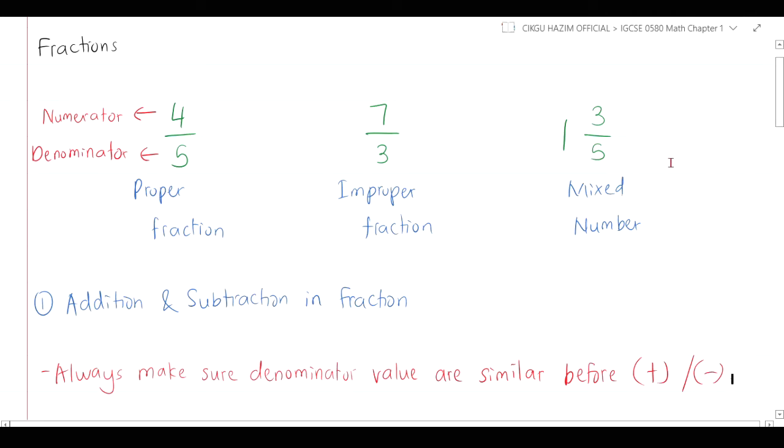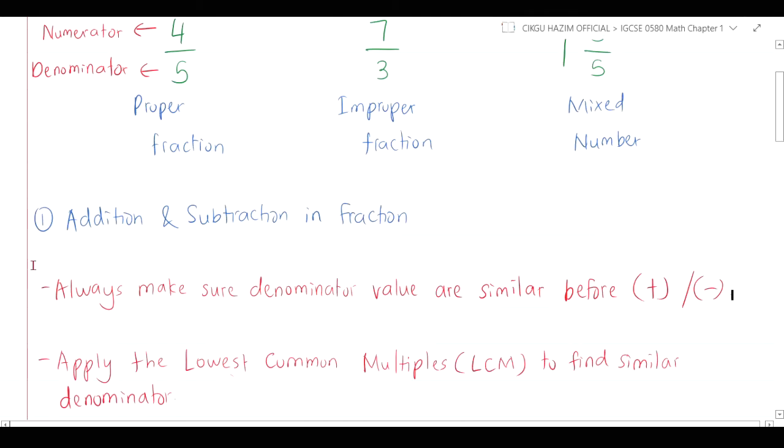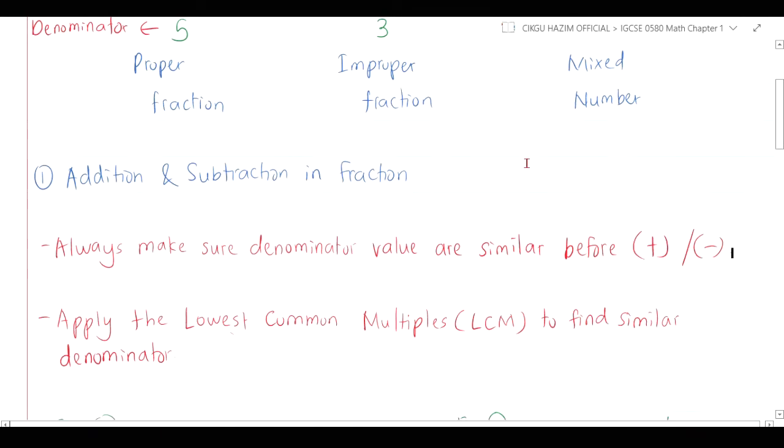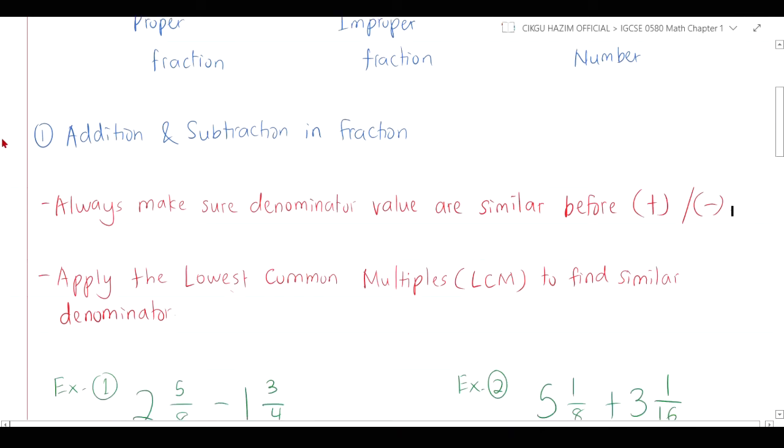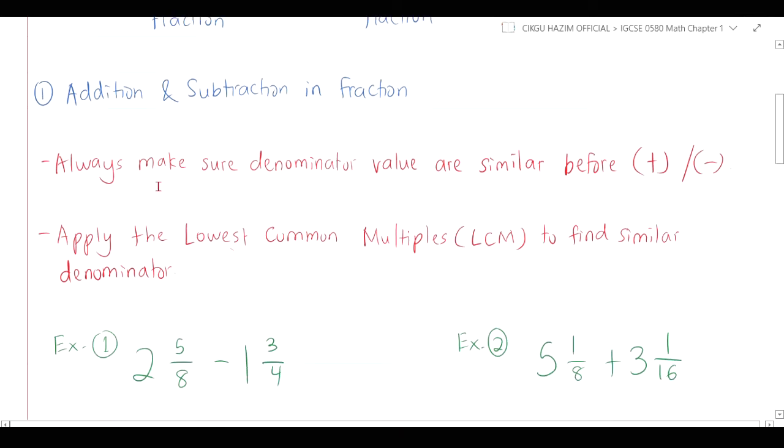Okay, so in fraction you need to understand, first of all, addition and subtraction in fraction. We have so many methods and so many exercises back in the day. What you need to always remember is to always make sure denominator values are similar first before you do any addition or subtraction.